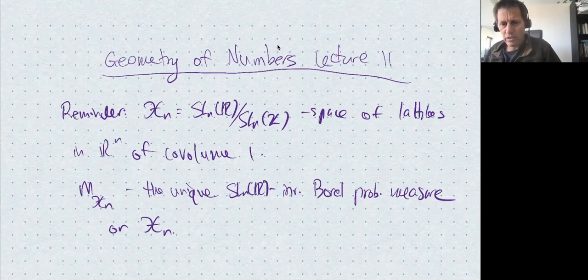We know that such a lattice exists, but we have no idea about the length of the shortest vector. The best bound that we have essentially comes from an averaging argument. So we know the expected value of the shortest lattice vector. And since we know the average value, we know that there exists at least one lattice where the actual length of the shortest lattice vector is at least the average.